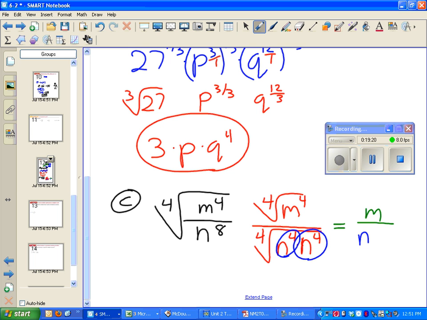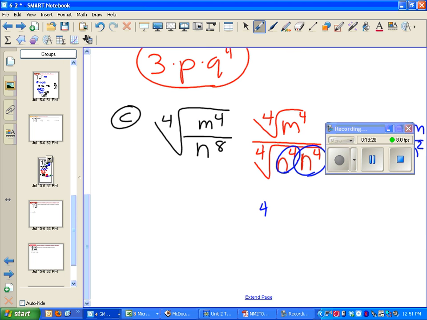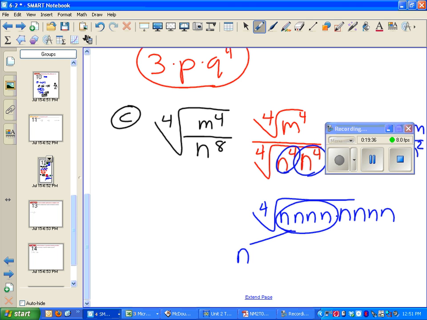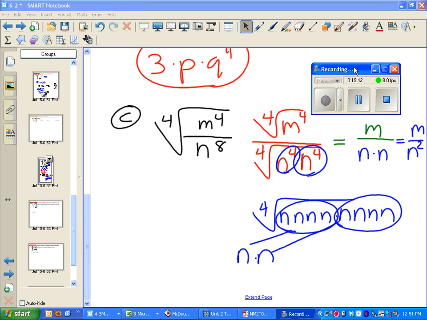This can also come out to play as 1n. So altogether I have m over n squared. If that confuses you, you can also rewrite that as 4 n's and then 4 n's. And then this comes out to play as 1n, and this comes out to play as another n. So altogether you have n squared.